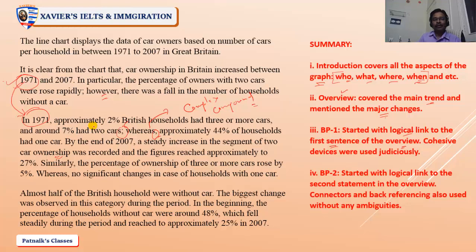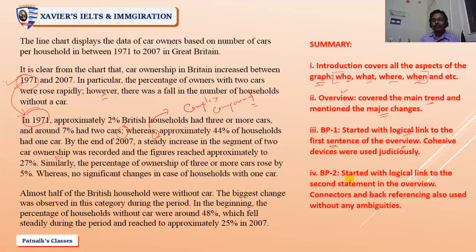These things you have to keep in your mind. Once you have used one connector, try not to use that again. You use some other word or frame a sentence with the same meaning, without repeating the word, right? To avoid repetition, I tried my level best not to use however again in my write-up, right?